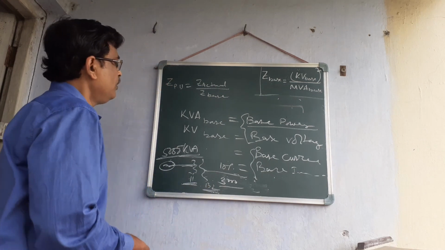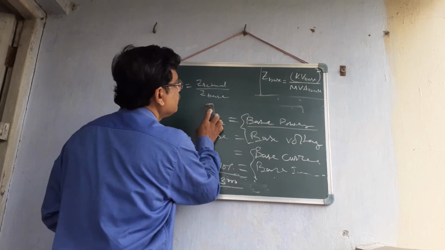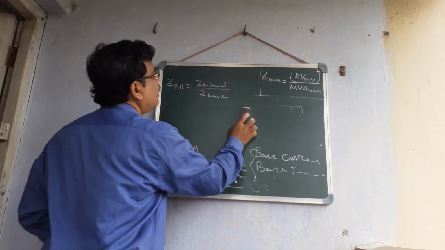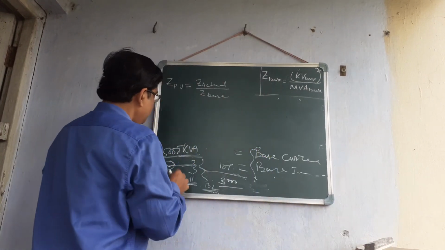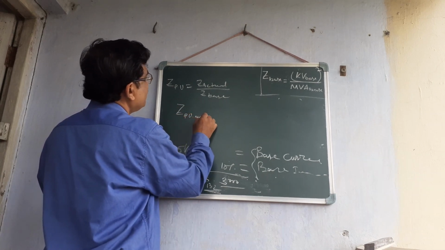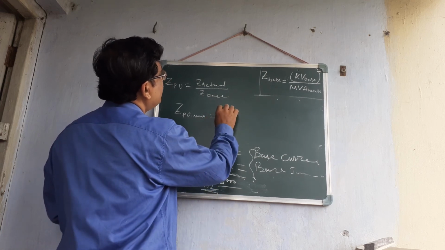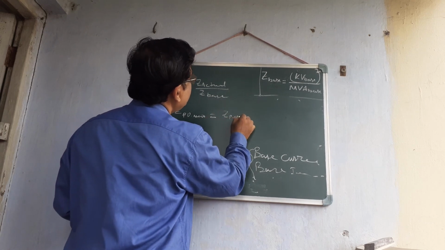In that case, we have to use this formula. Z per unit in the new system is equal to Z per unit in its own base.